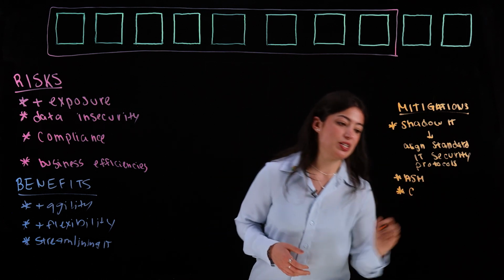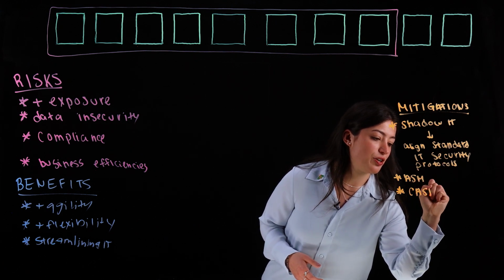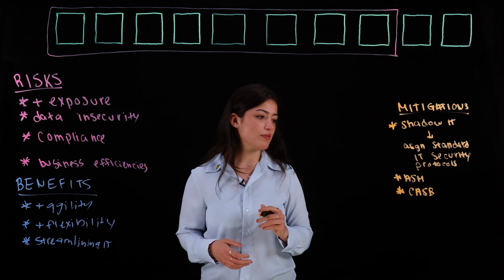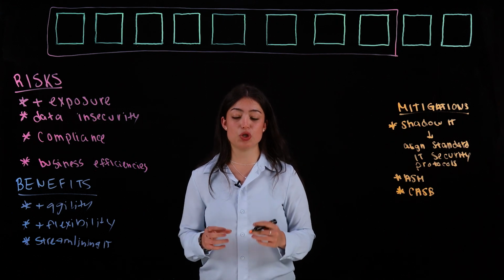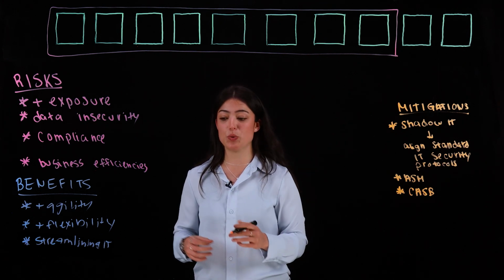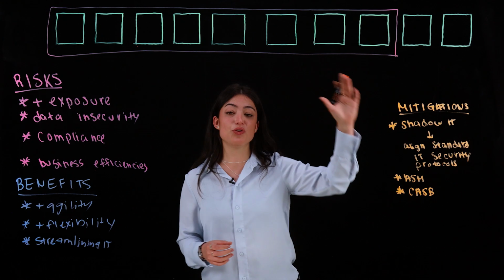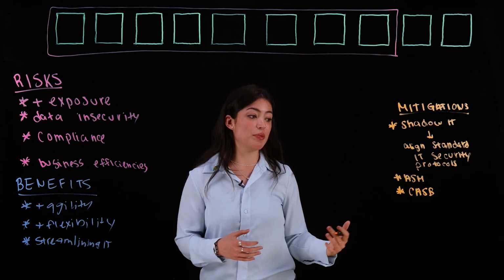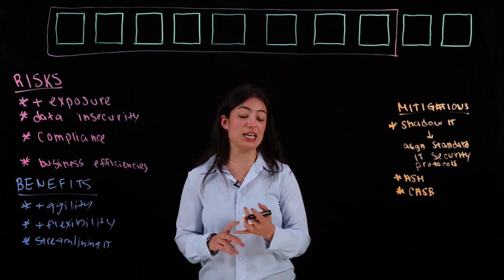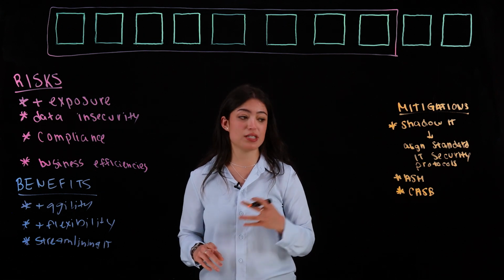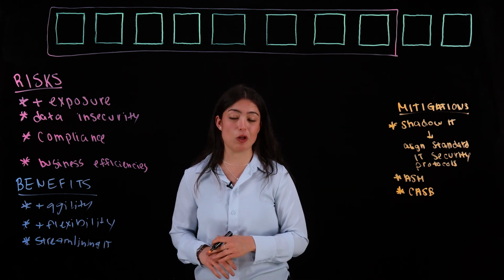Another tool is going to be cloud access security brokers. This tool allows you to establish secure connections between your employees and your cloud assets, while also implementing security measures such as encryption, access controls, and malware detection along the way.